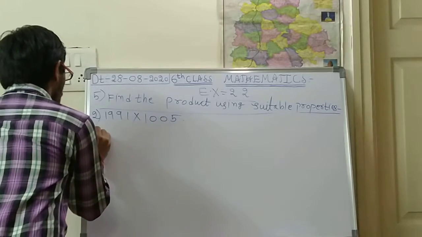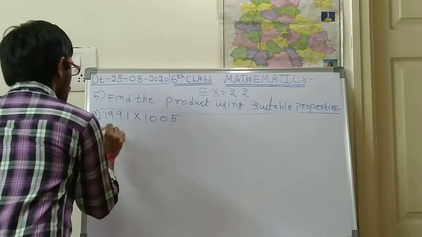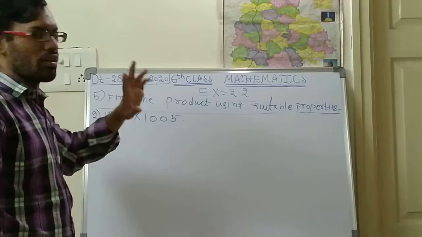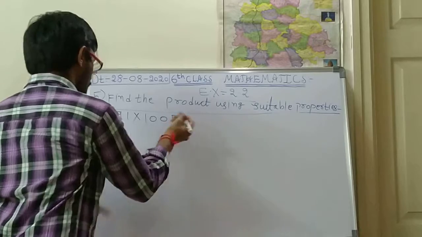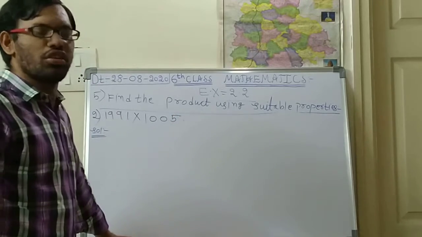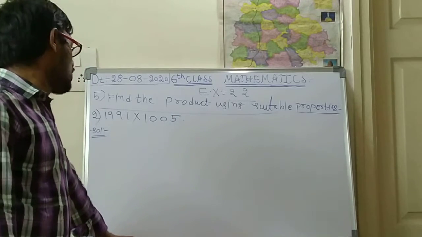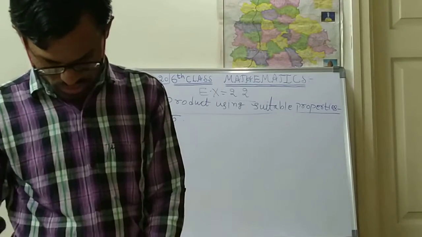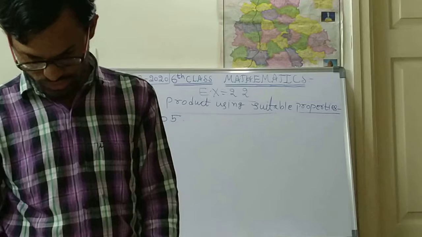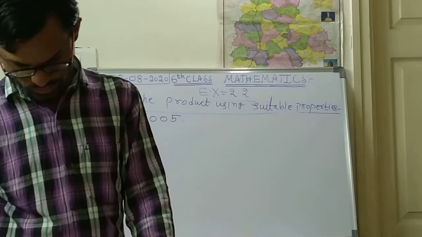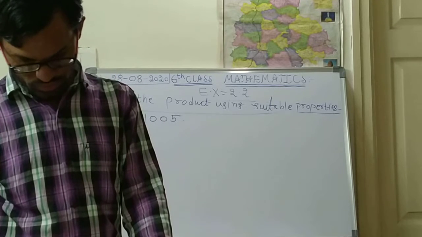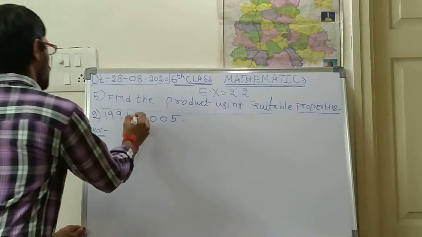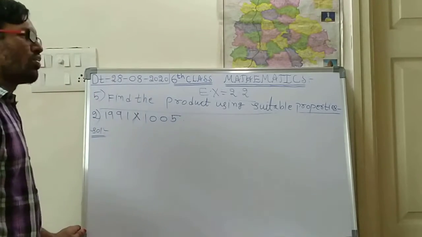So here also you have to do the same separation. For each number you have to do the separation, or for only one number also you can do the separation. Okay, so only one number you can do the conversion.